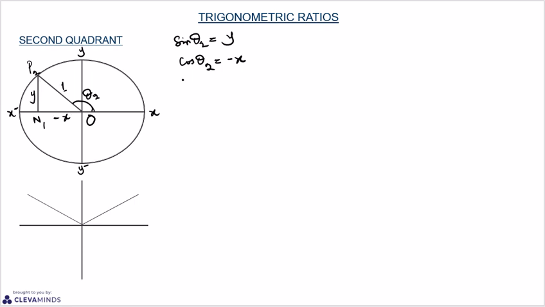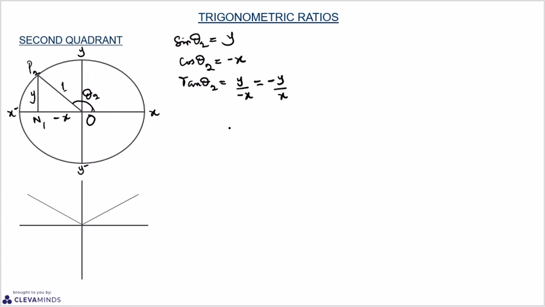Then we also have tan theta 2, which will give us negative y over x. It is the same thing as opposite over adjacent, but really this is the better way to write it, negative y over x, right?